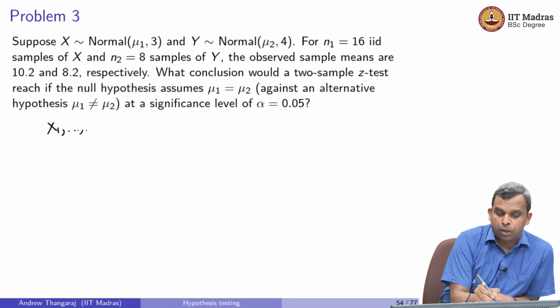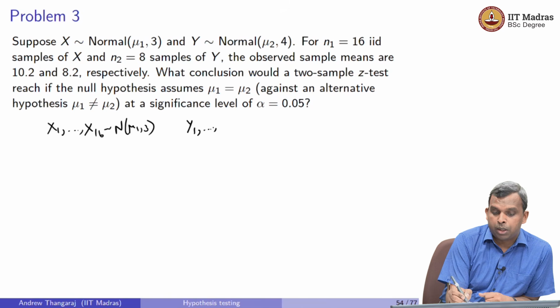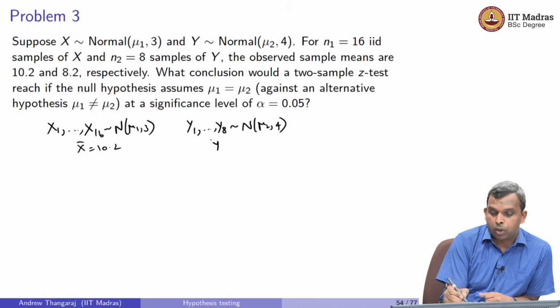So you have x1 to x16, which is normal with mean mu1 and 3. y1 to y8, which is normal with mean mu2 and 4. And x bar equals 10.2, y bar equals 8.2.